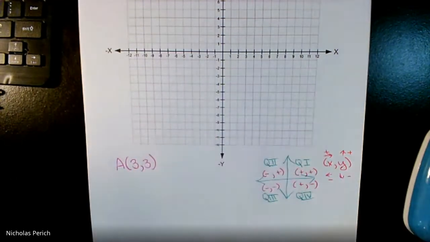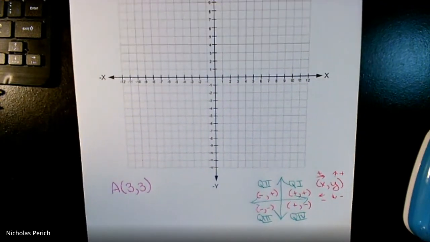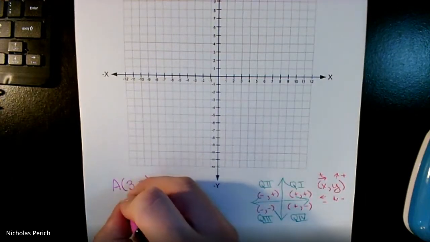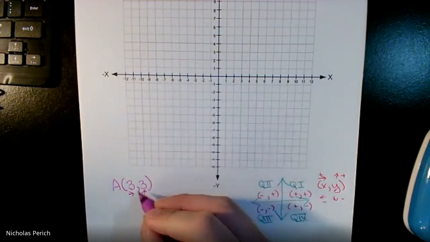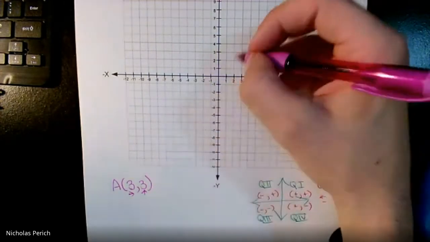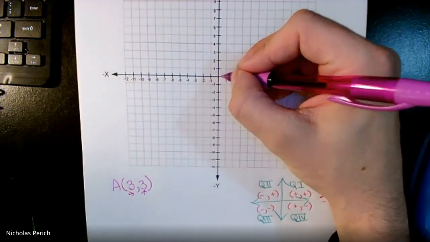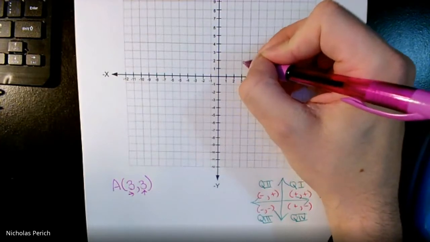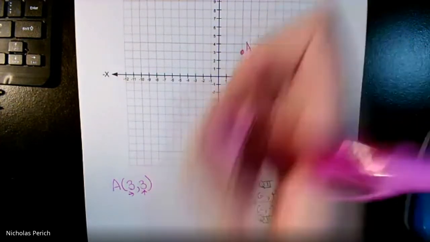Starting out too easy. If I want to graph 3, 3, since that's a positive X, I go to the right 3, and then I go up 3 because that's a positive Y. So I start out at the center, which is my origin, and I go right 1, 2, 3 spaces, and I go up 1, 2, 3 spaces. I put a dot there, and I call it A.